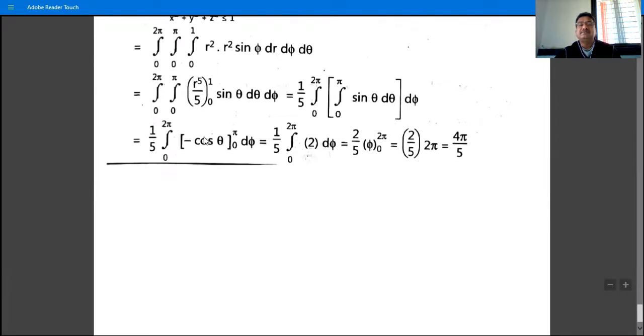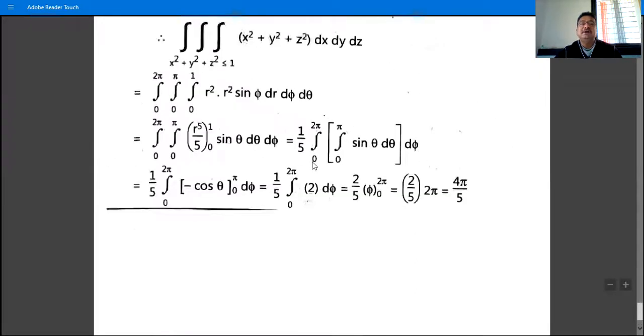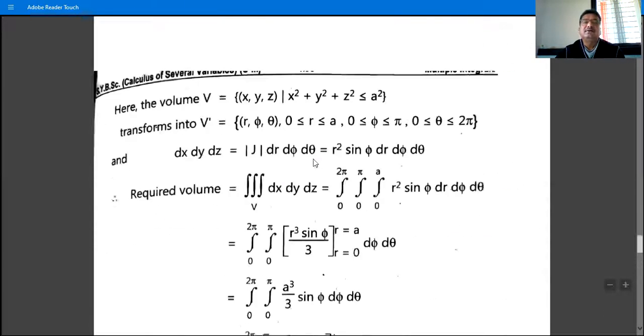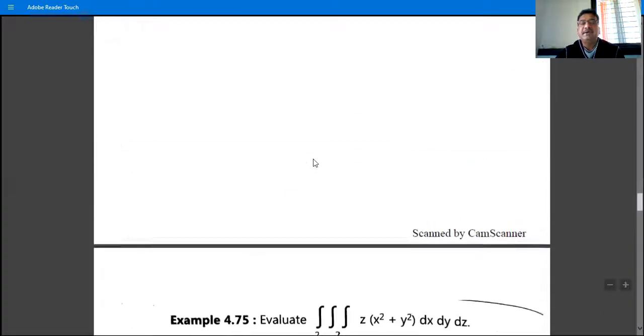Minus cos pi minus minus cos 0 gives 1 plus 1, which becomes 2. So 2 by 5, then the integration of d theta is theta from 0 to 2 pi, and so 4 pi by 5. So these are problems of triple integration, change of variable in triple integration.